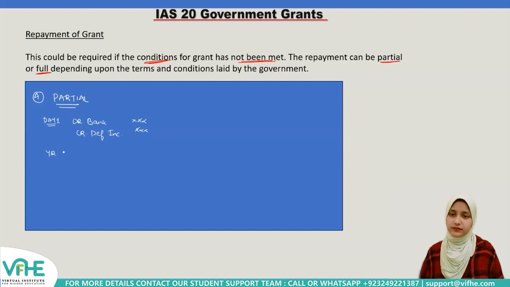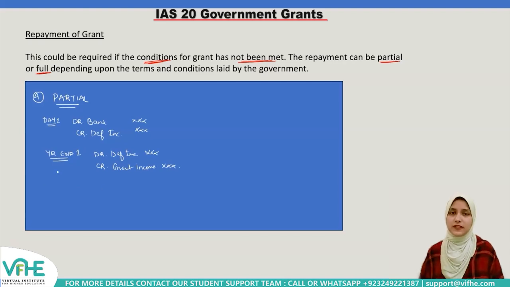At year end 1, what you do is you reverse the deferred income to the extent you deserve, and then you credit grant income. Right? This is what you have.